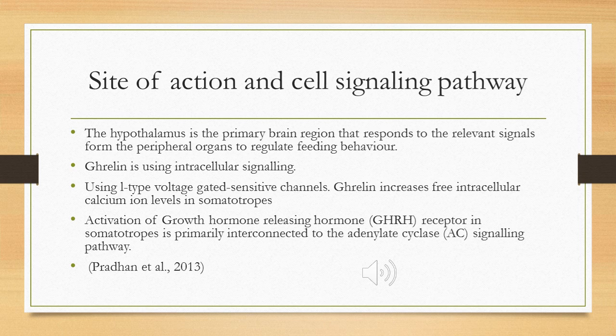Activation of growth hormone releasing hormone receptor in somatotropes is primarily interconnected to the adenylate cyclase signaling pathway resulting in cAMP accumulation and activation of protein kinase A, and extracellular calcium entry through the voltage-sensitive calcium channels.